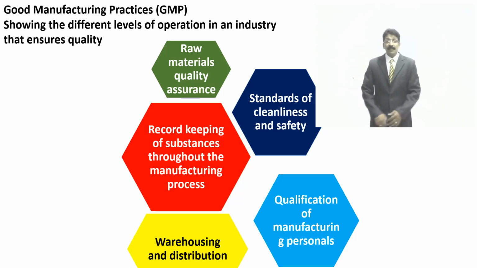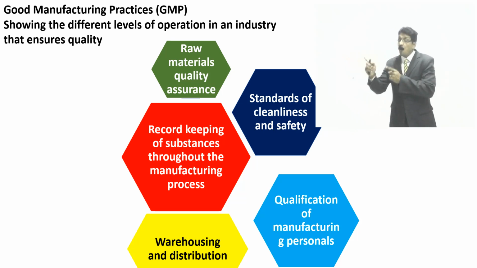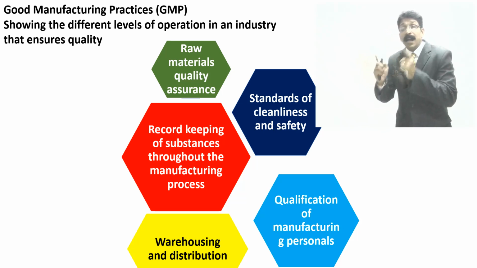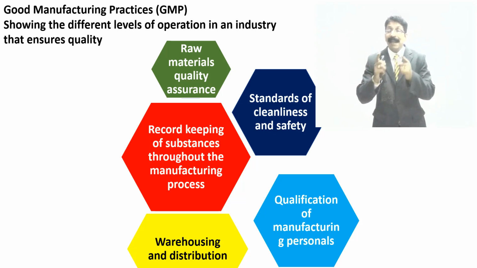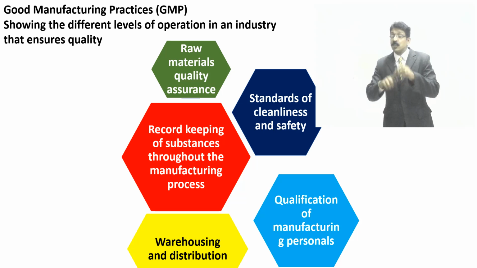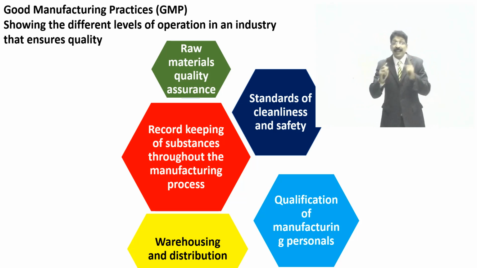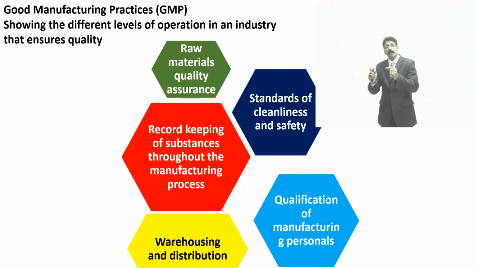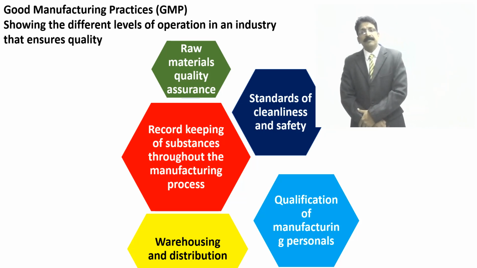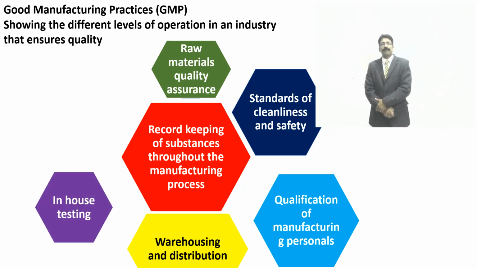Warehousing and distribution: after manufacturing, how you maintain your quality, your transportation, distribution and record maintaining. Also how you are storing, storage capacities, specifications and maintaining the requirements, and how you maintain the stability of the product in storage conditions.